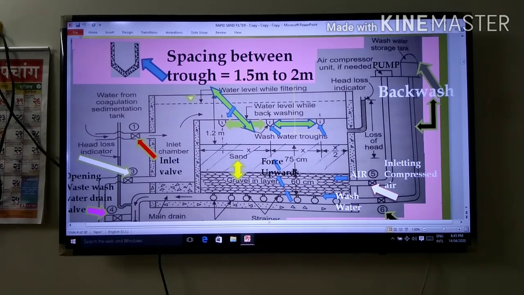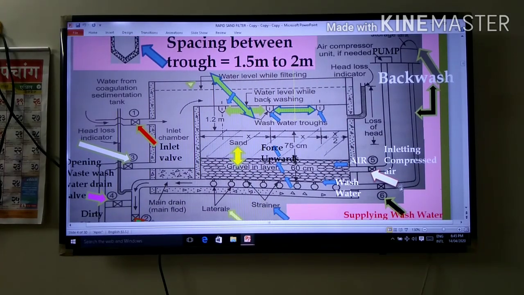It is the backwash process. The water comes from this tank through this pipeline and enters valve number 6. It is denoted by this black arrow and enters the gravel and then the sand in an upward direction. Both the air and wash water work simultaneously.